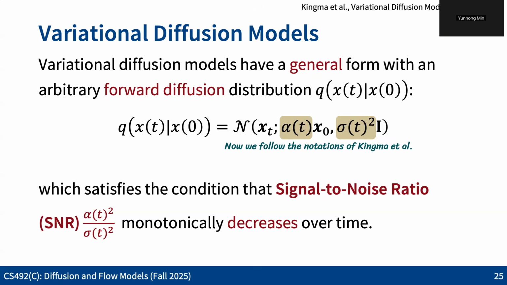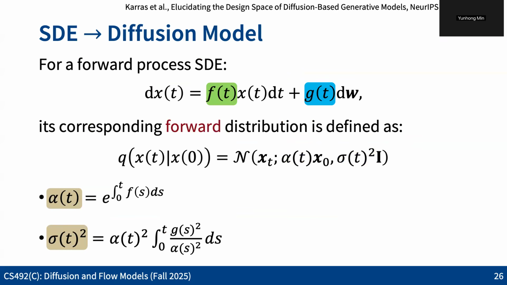Then the question might be how we can also see the possible options for the forward SDE, right? If we can derive the forward SDE from this formulation, then we can also find some family of forward SDEs that is aligned with the definition of the variational diffusion models. The thing is that now we are first seeing the opposite: given the forward SDE, how we can derive the alpha and the sigma functions.